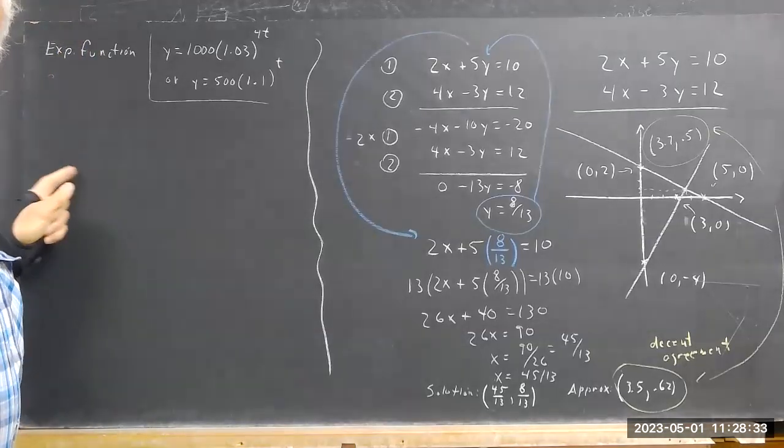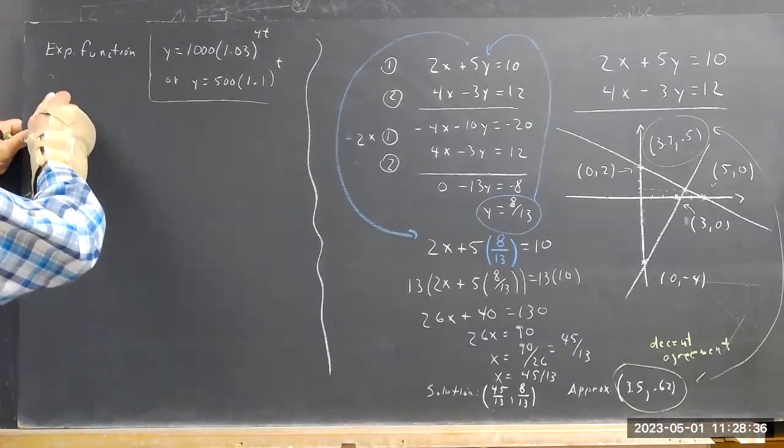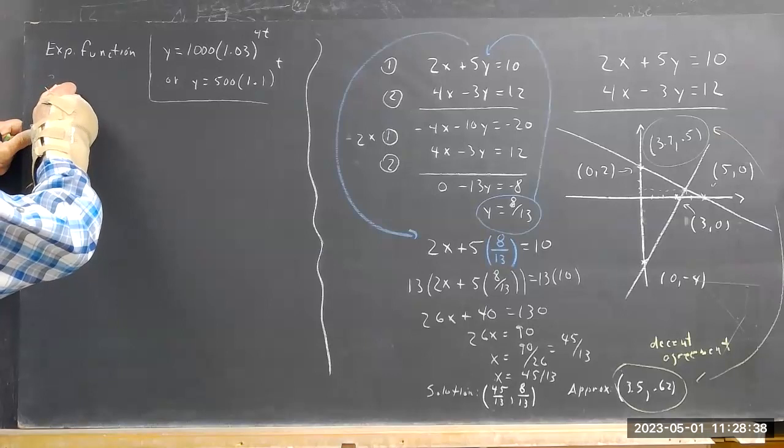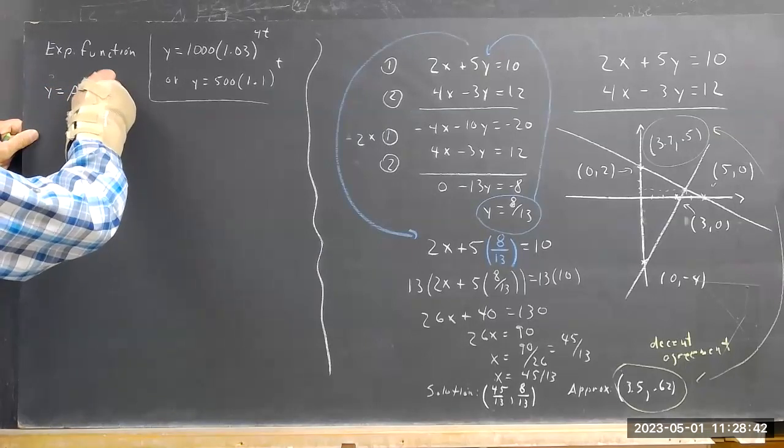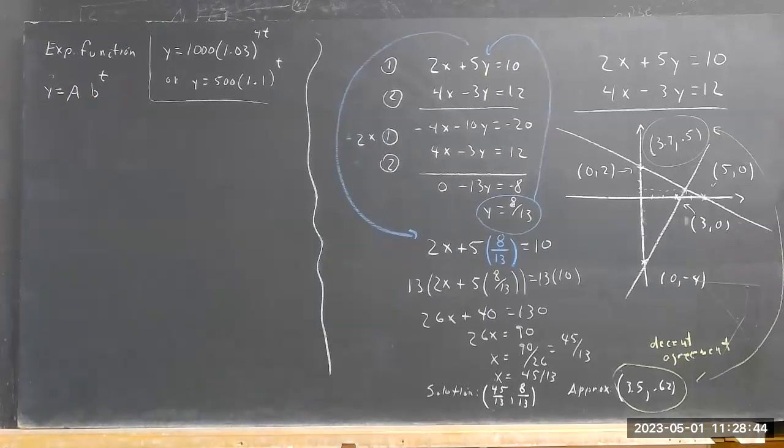So in general, an exponential function could be written as y equals a times b to the t.